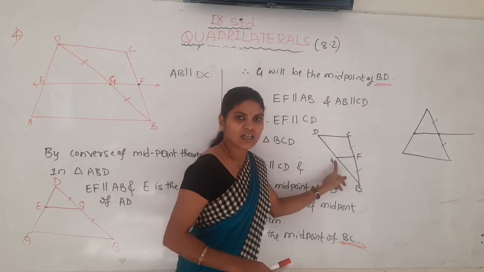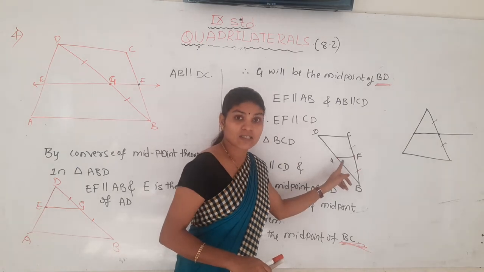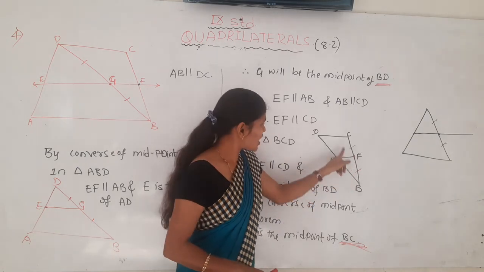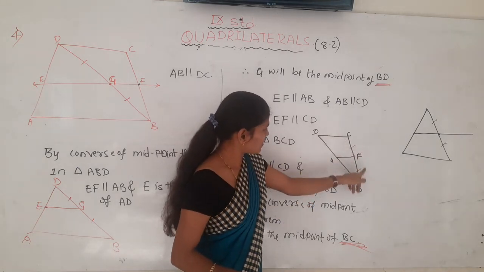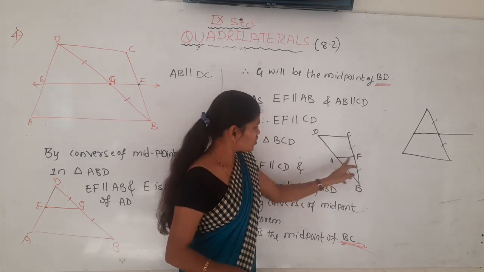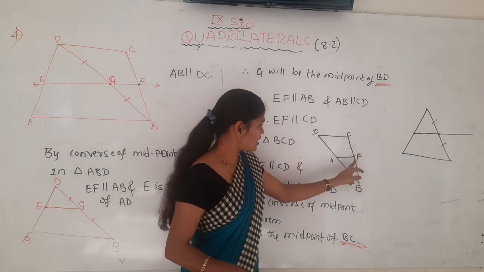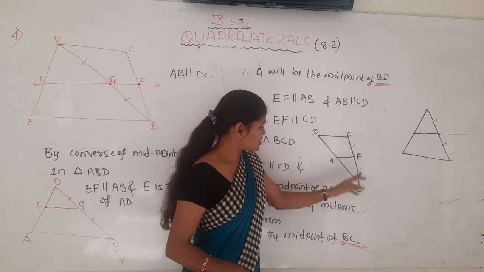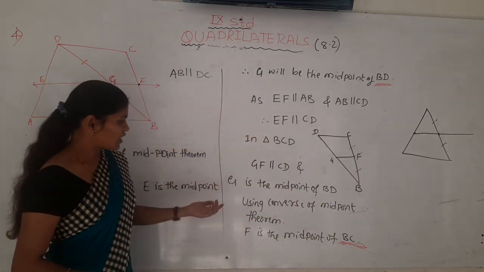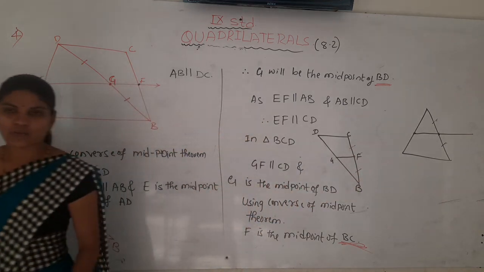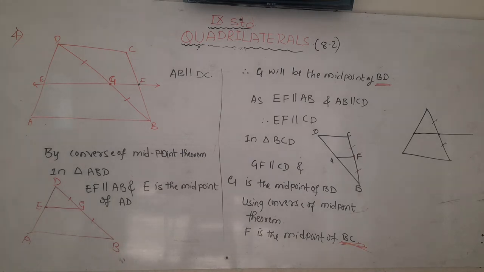If you draw the line from the midpoint of one side of a triangle, it is parallel to the second side and bisects the third side. Same way, GF is parallel to BC and F divides BC into two equal parts. Automatically, your F becomes the midpoint of BC. Yes, just pause this video and try it.